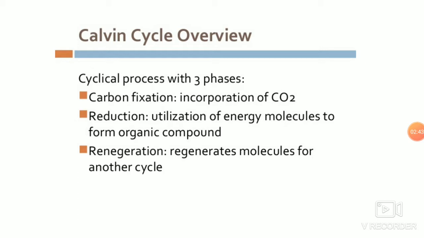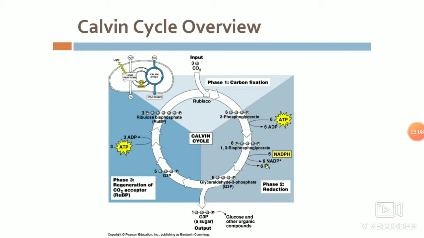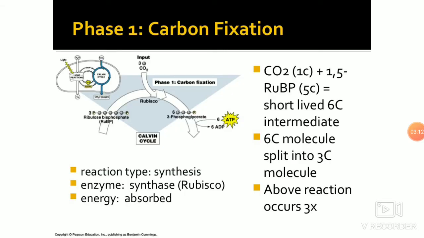There are three phases in this Calvin cycle: carbon fixation, that is incorporation of carbon dioxide; reduction, the second part, where the energy molecules are utilized to form an organic compound; and regeneration, generating one more fresh molecule which can take up the carbon dioxide. The cycle is something like this, and we'll see each step.